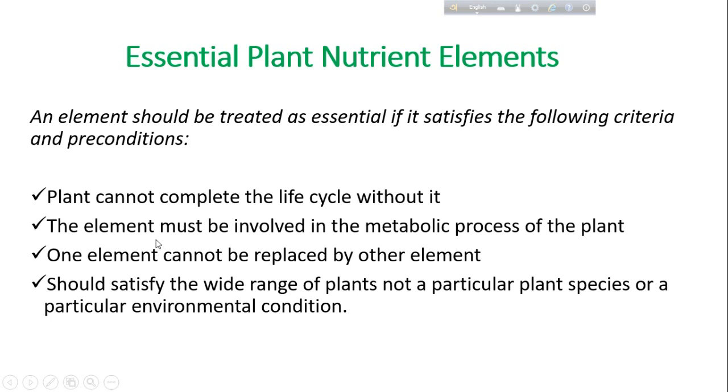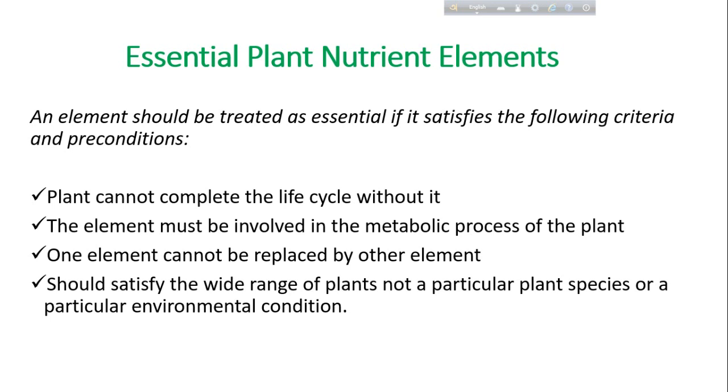Next, the element must be involved in the metabolic process of the plant. The essential elements must be involved in the reaction process at the cellular and tissue level. And next, one element cannot be replaced by any other element. That means, for example, nitrogen cannot be replaced by phosphorus, or phosphorus cannot be replaced by sulfur, or potassium cannot be replaced by any other elements like calcium, magnesium.